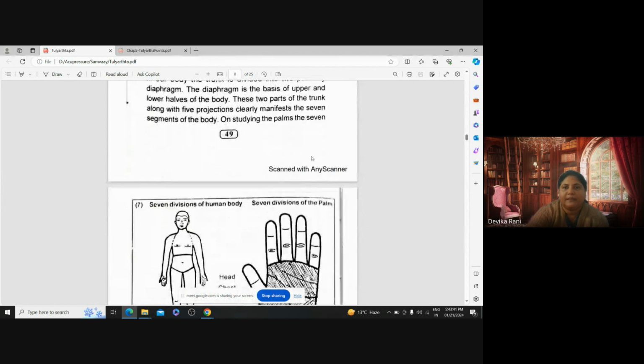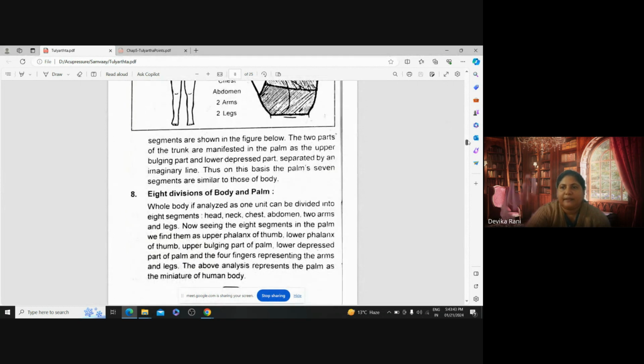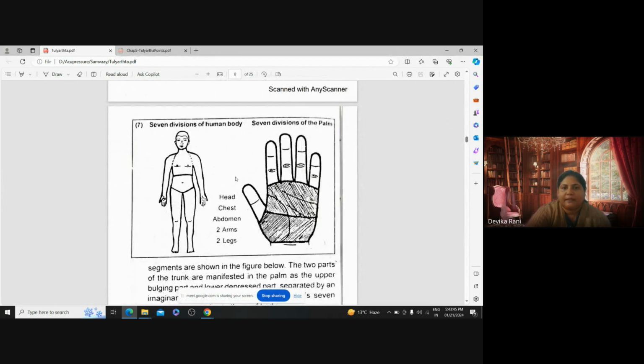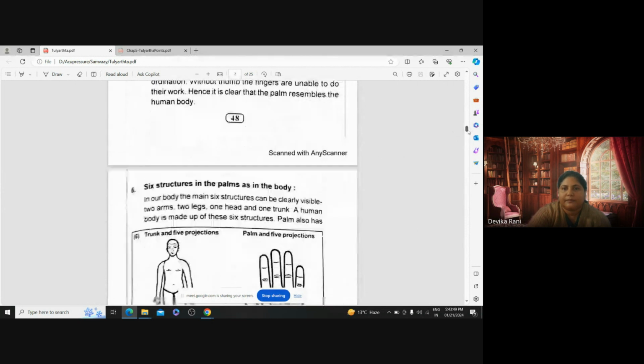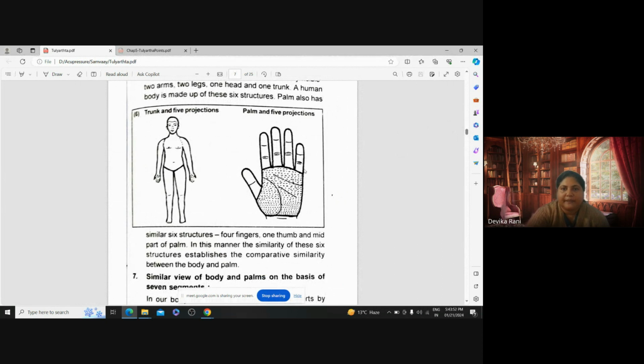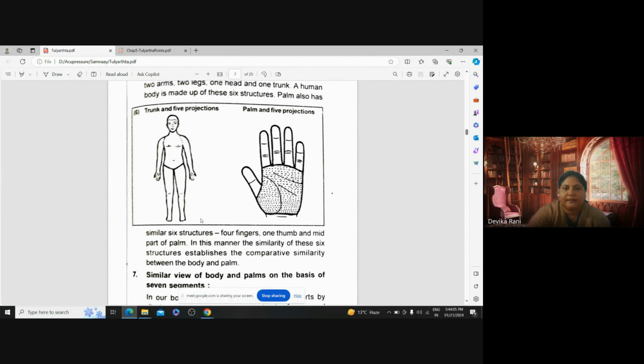This whole part is there over here. The hands, the legs, the head and neck, and the trunk.